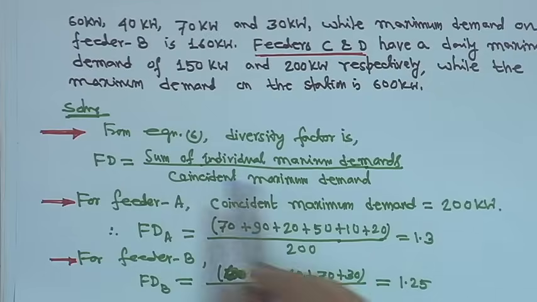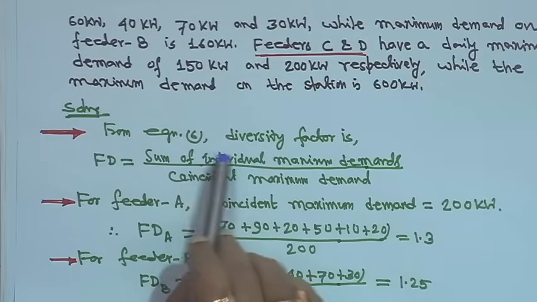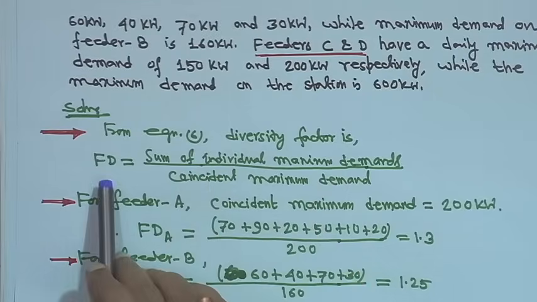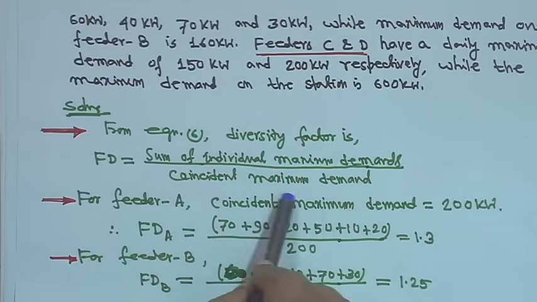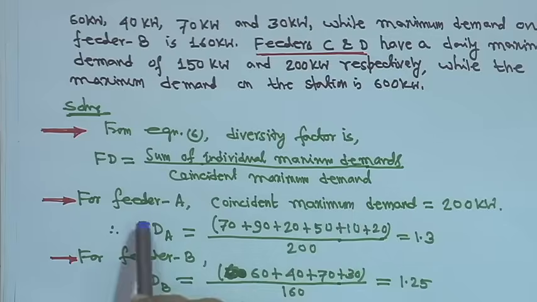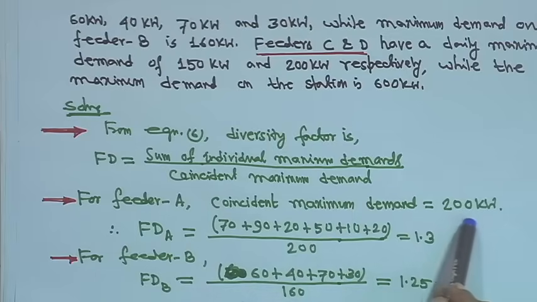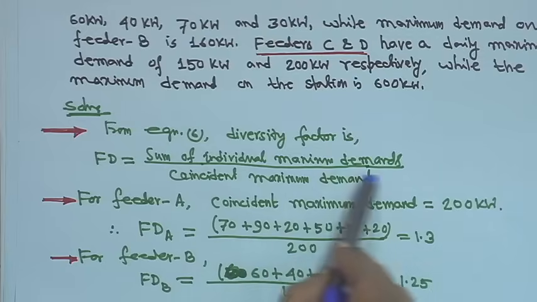So, from equation 6, diversity factor FD is equal to the sum of individual maximum demands divided by the coincident maximum demand. For feeder A, the coincident maximum demand is given as 200 kilowatt, and therefore you sum up the individual maximum demands.